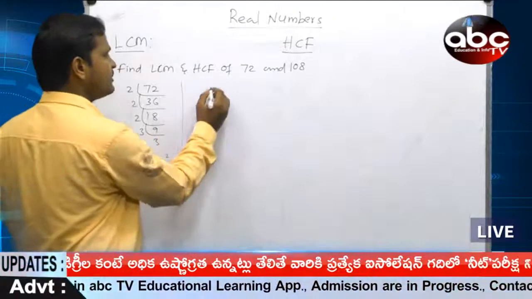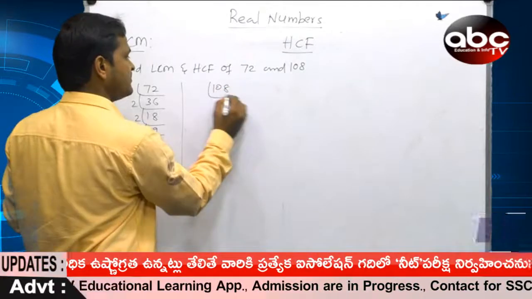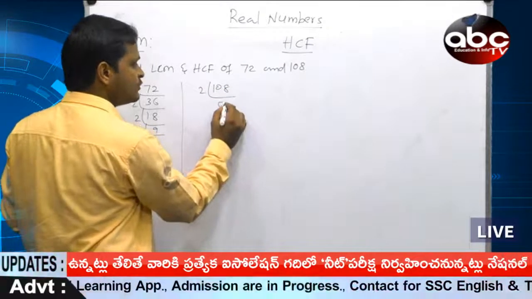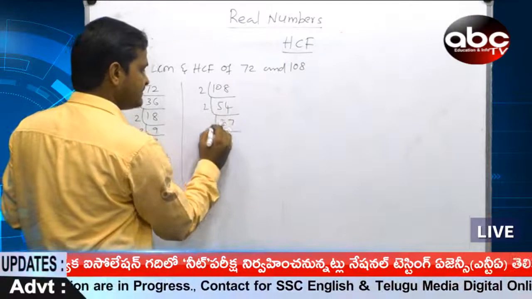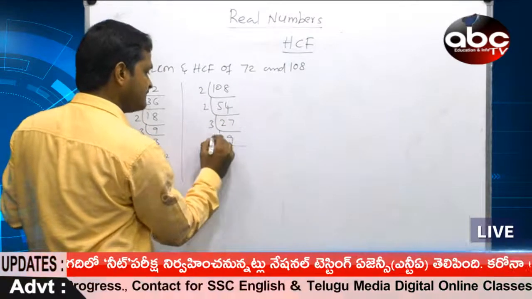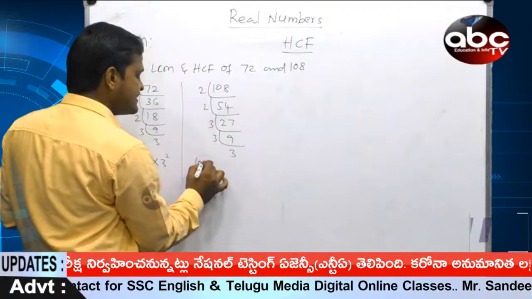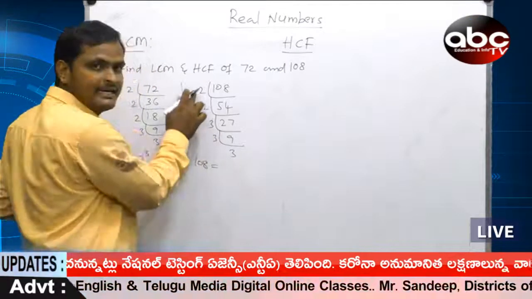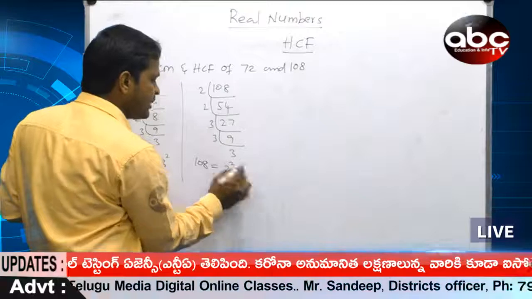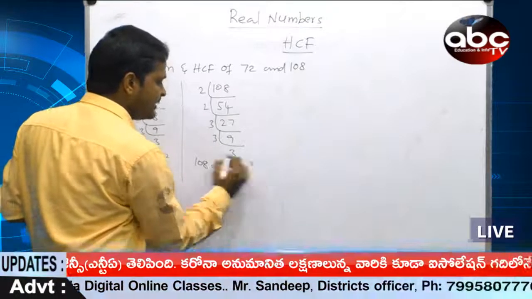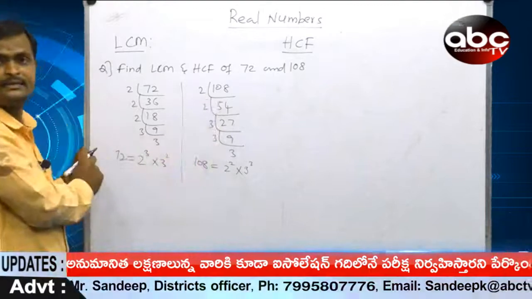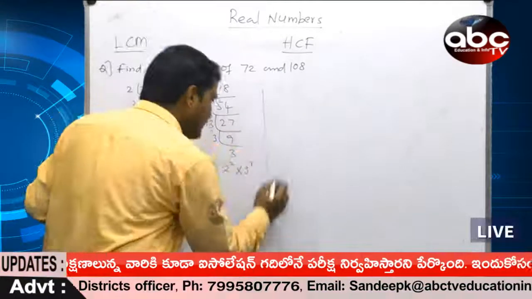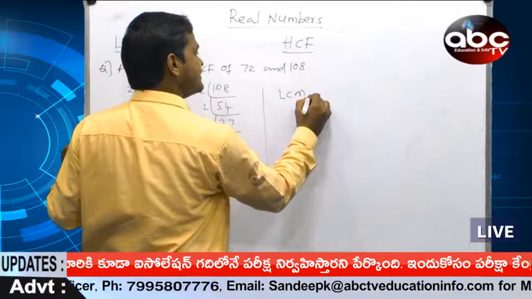Similarly 108: 2 fives are 10, 2 twenty-sevens are 54, 2 twos are 4, 3 nines are 27, 3 threes are 9. 108 is equal to how many 2's here? 2 square, into how many 3's here? 3 cube. Okay, this is the prime factorization method. Then how to find LCM and HCF?